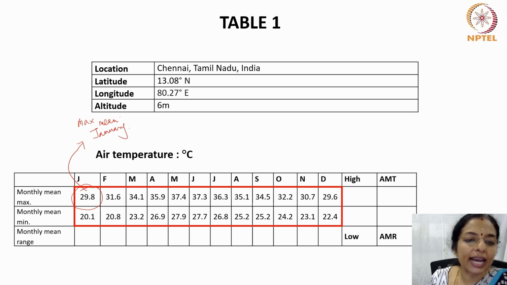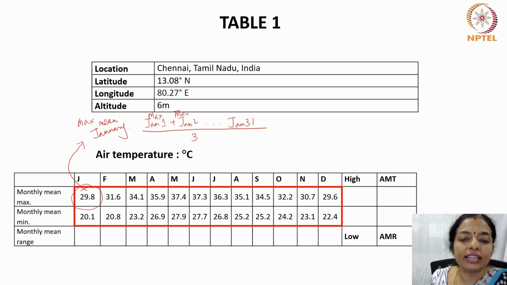It means that Jan 1 plus Jan 2 to January 31st, whatever is the maximum temperature of that day, divided by 31.